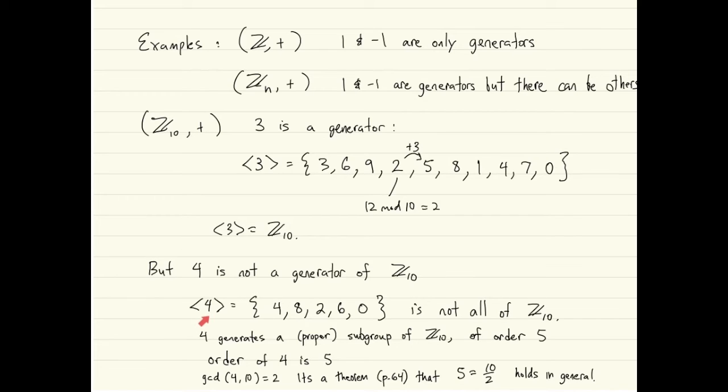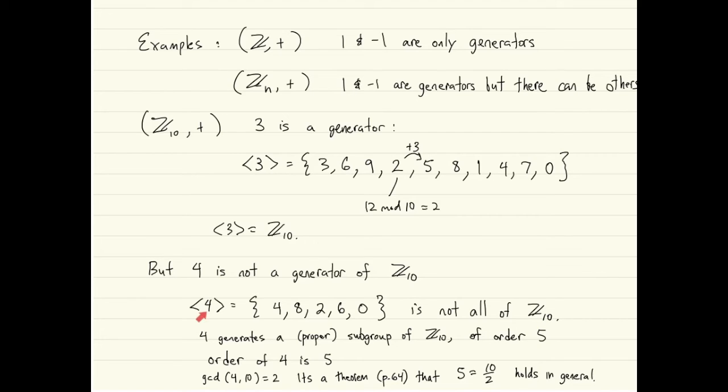And so let's look at the subgroup generated by 4. We just take multiples of 4. Again, multiples, not powers, because the group operation is addition. And so 4, 8, 12, which is the same as 2 in mod 10 land. 2 plus 4 is 6. 6 plus 4 is 10, and 10 is 0 mod 10. And then going back, adding 4, we get back to 4. Okay, and so this is not all of Z10.